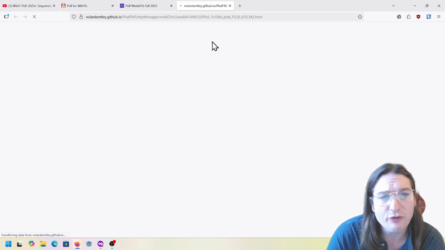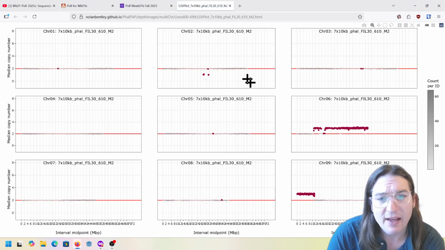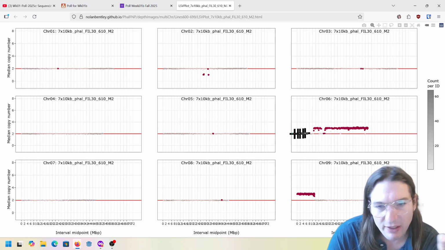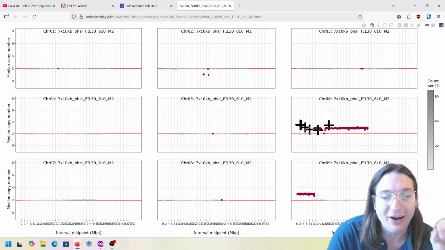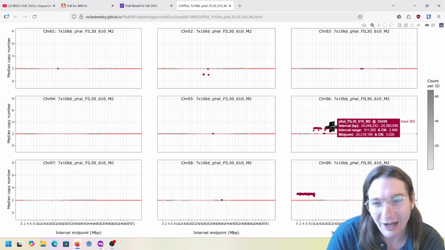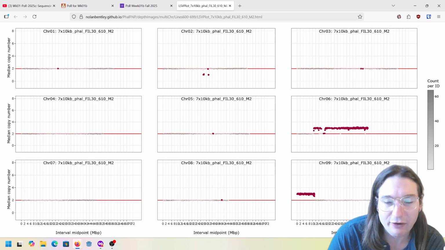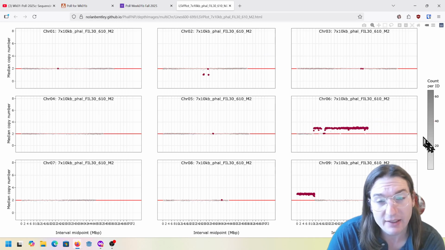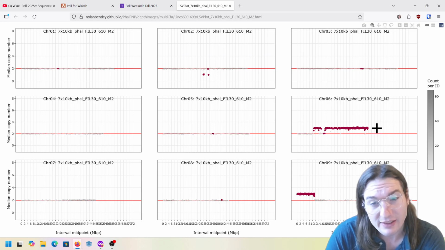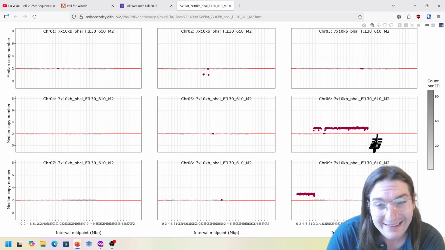Indeed, if we go to this link, we can actually see that there is a lot of stuff going on. Well, this one's not a lot, but this has a ton of stuff on the single chromosome, where we have large regions of that chromosome that have become trisomy. And a big question now is, well, where is it?